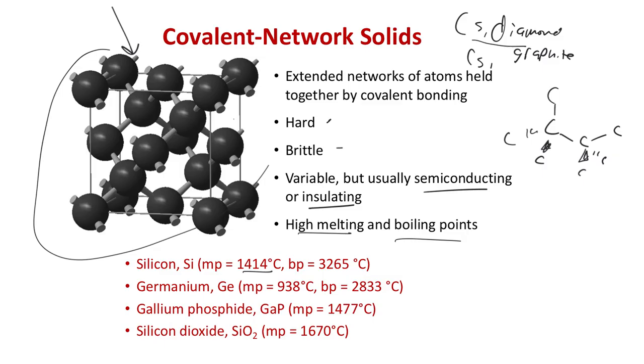Silicon over 1,400 degrees C. Germanium, germanium's in the same group, carbon, silicon, germanium. So those are kind of forming your key groups. Notice the melting point is dropping going down the group. Carbon, diamond was around 2,000 degrees C. So really high melting point for diamond.